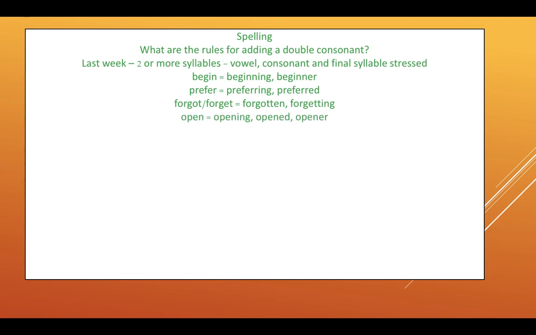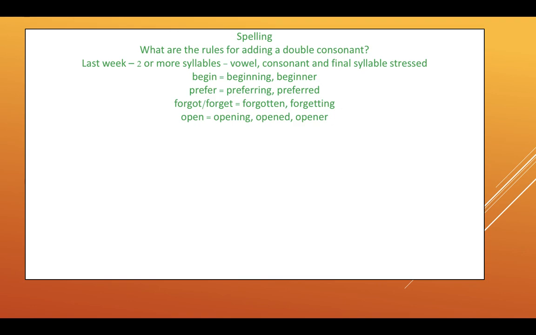Open, opening, opened, opener. So first of all, if we apply the rule, yes, open has 2 syllables, and the second to last letter is a vowel, the last letter is a consonant, but the final syllable, N, is not stressed. So you do not apply the double consonant rule.